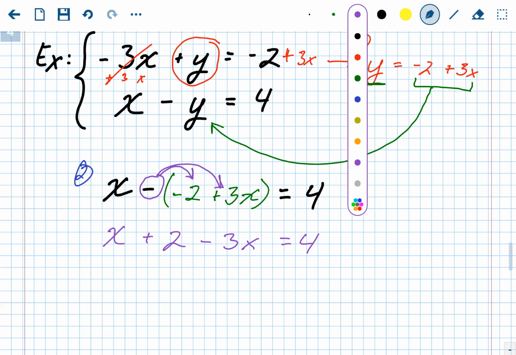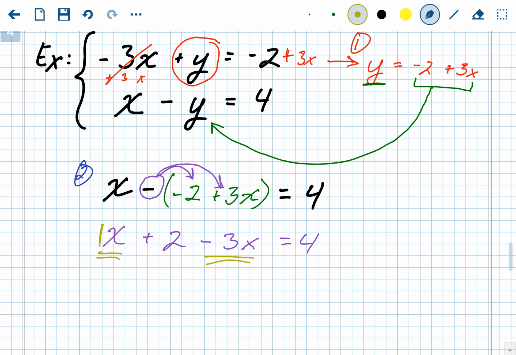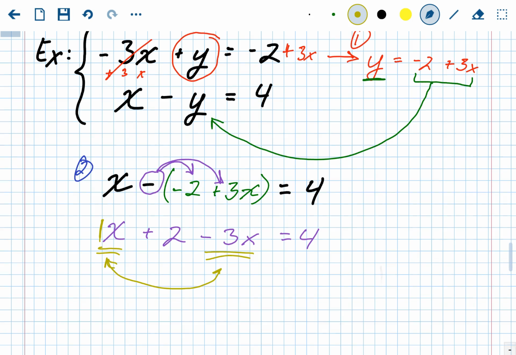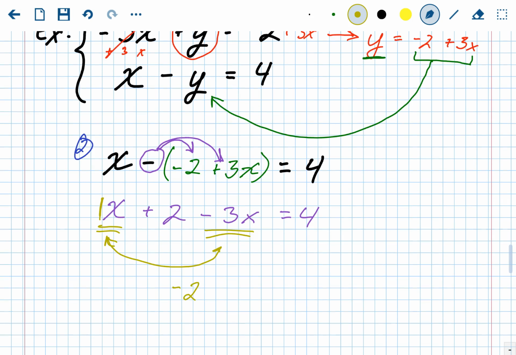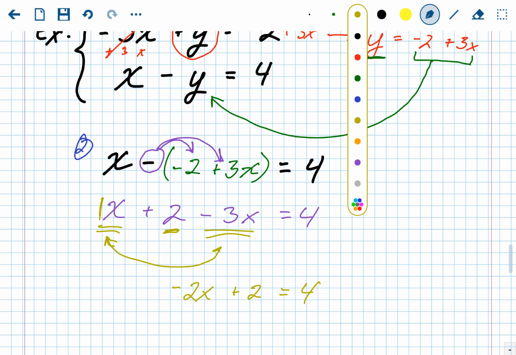First thing I would do here is combine like terms. I have a 1x and a negative 3x. When I combine them, 1 and negative 3 give you negative 2. So I got negative 2x plus this constant 2 equals 4. And again, this is just a two-step equation.